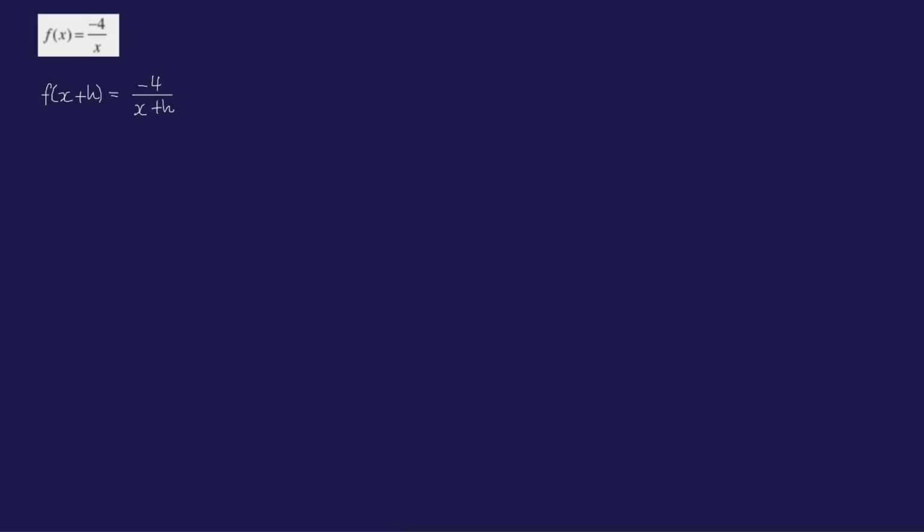So the derivative f prime x is going to equal the limit as h approaches 0 of f of x plus h, so minus 4 over x plus h, minus f of x, so minus 4 over x, all over h.